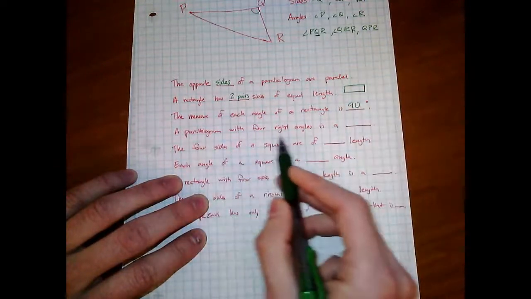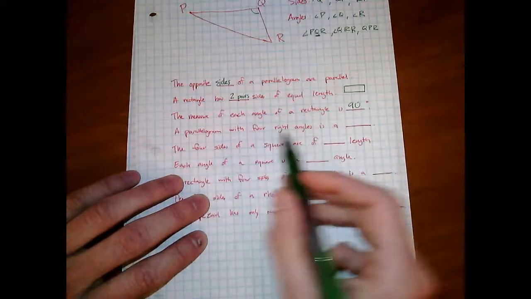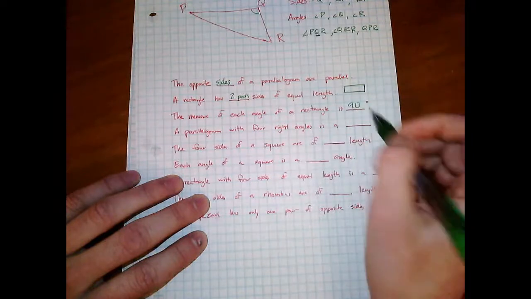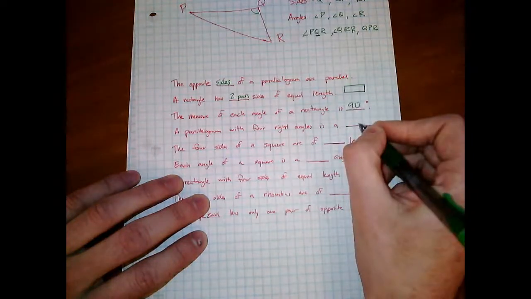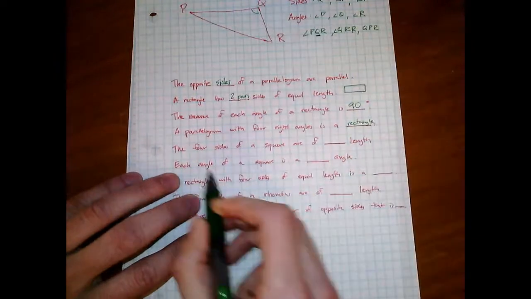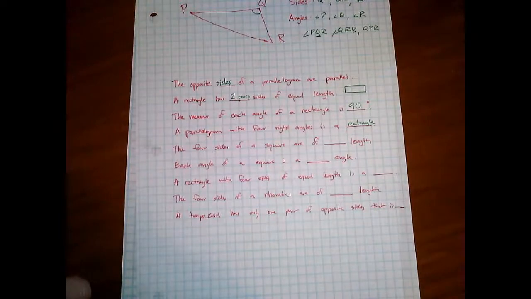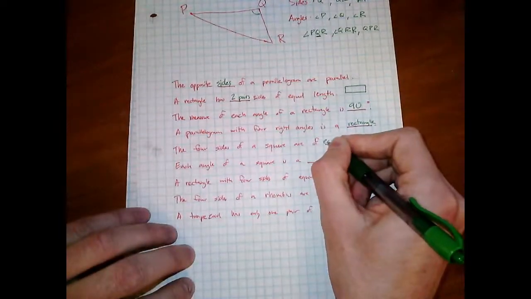A parallelogram with four right angles, think about a parallelogram that has four sides and four angles that are right. That is a rectangle. The four sides of a square are of blank length. Equal for that one.